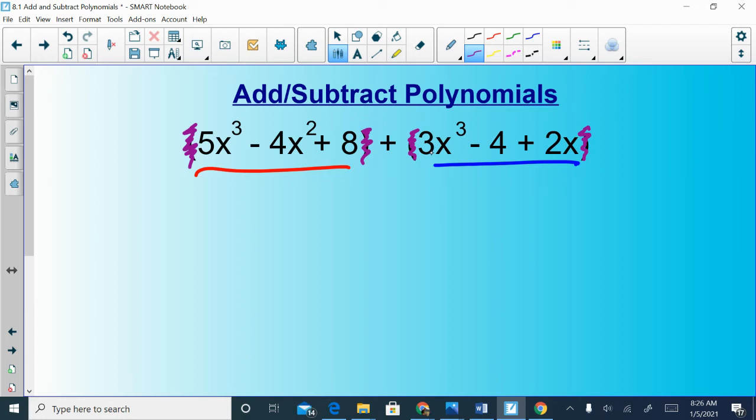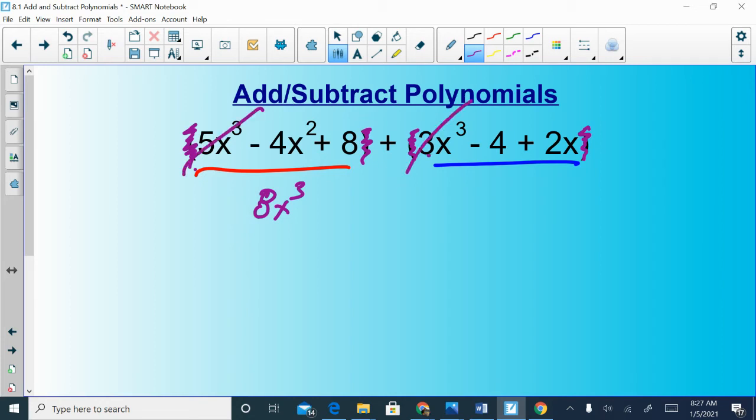When you are adding and subtracting, combining like terms, you're looking for the variable x and the exponents to match perfectly, and then you just add or subtract the coefficients. So if you have 5x to the thirds and you add 3x to the thirds, you would add their coefficients to make 8x to the thirds. These are like terms because it's x to the third and x to the third, and then you just combine the coefficients, 5 and 3.